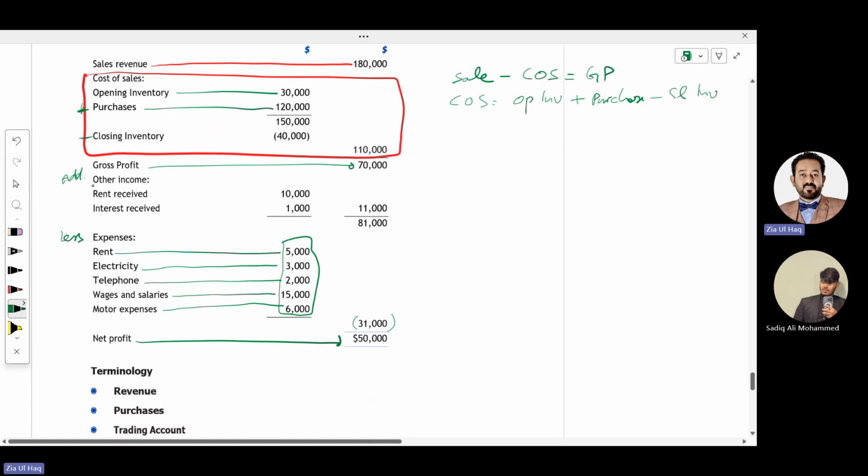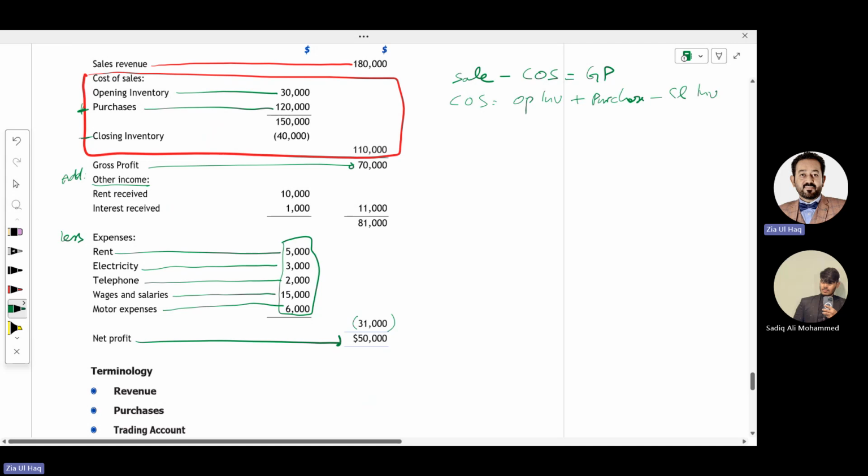What is this other income? Income from sale of goods will be recorded as sales revenue. These are income from any other source. Like we had enough cash, we deposited it into the savings account and we are receiving interest from the bank.